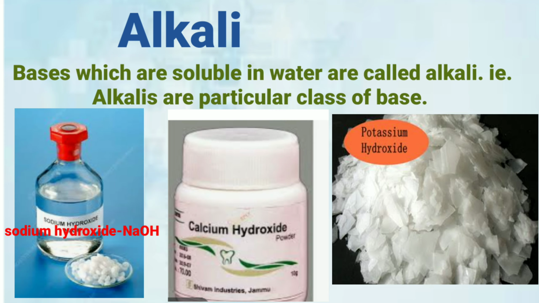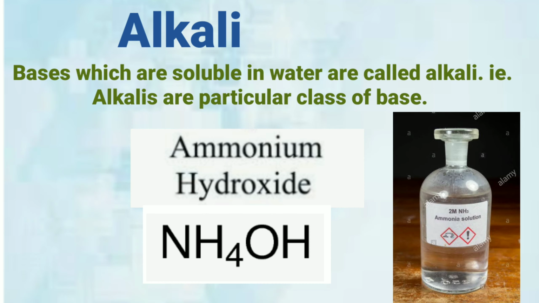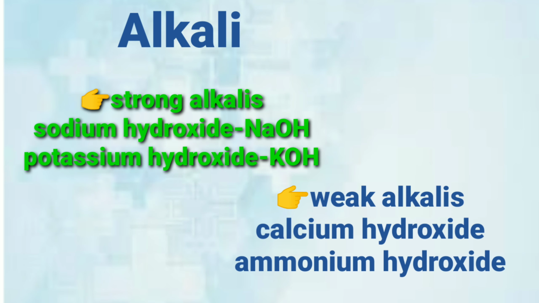For example, sodium oxide, potassium oxide, calcium oxide, sodium hydroxide, potassium hydroxide, calcium hydroxide, and ammonia solution, that is ammonium hydroxide. These all are alkali. Alkali may be strong or weak. Sodium hydroxide and potassium hydroxide are strong alkali, but calcium hydroxide and ammonium hydroxide are weak alkali.